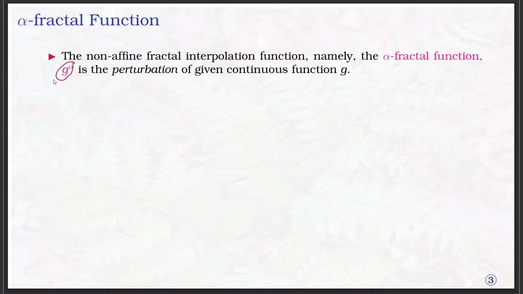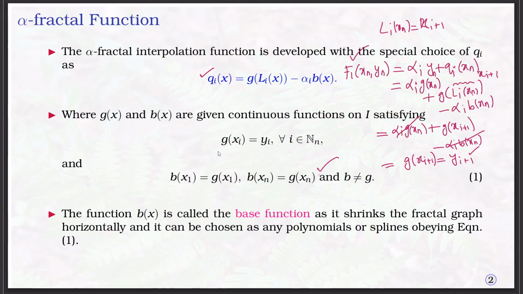It stands for the alpha fractal function, which is the perturbation of the given continuous function g. One can observe that here g is given like this. That means, if n number of data points are given, then g is any continuous function on I which passes through these data points.